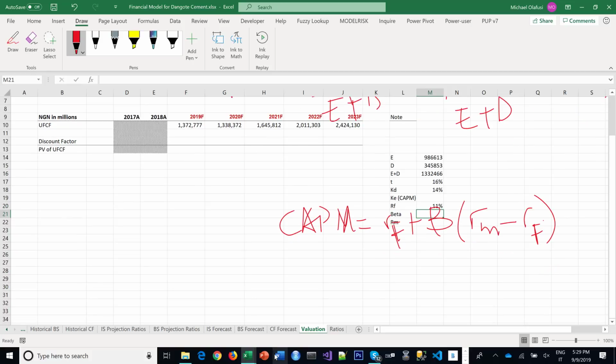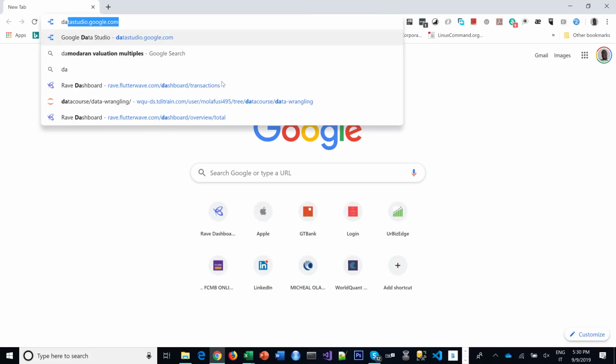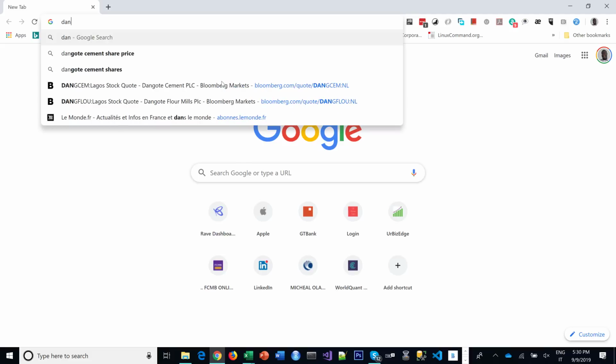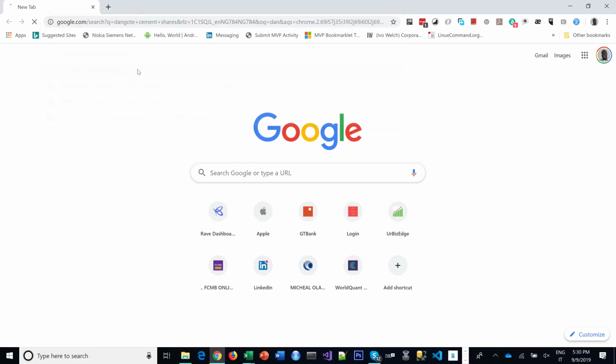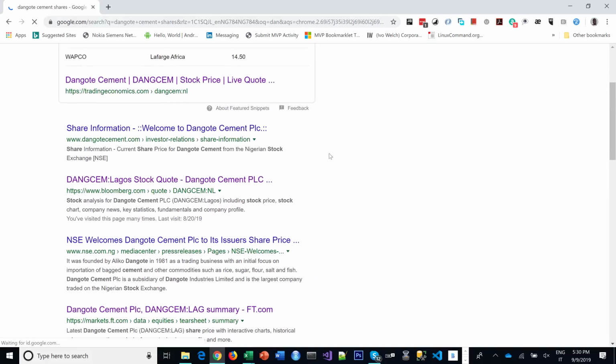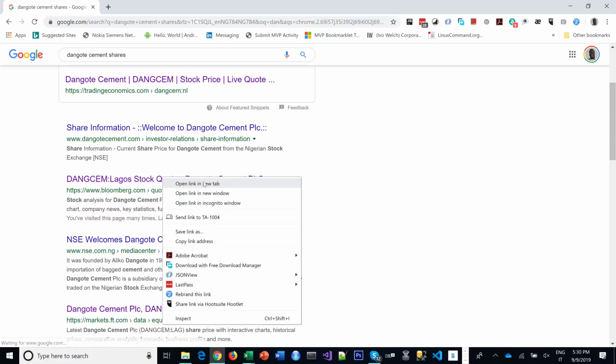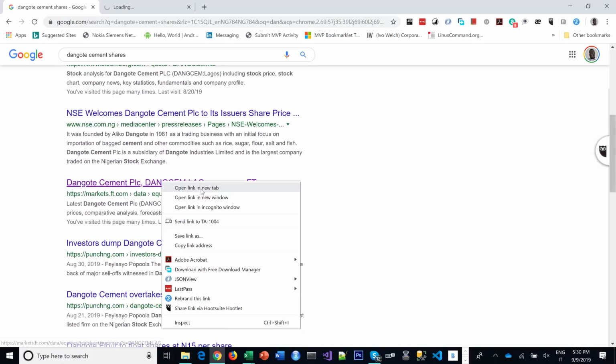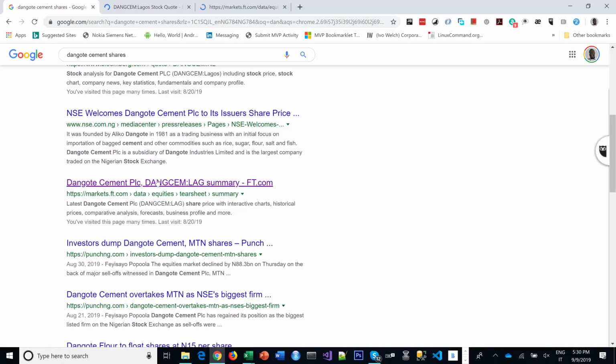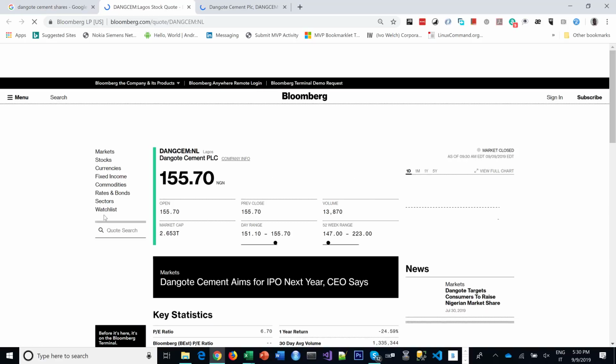Then the beta. For Dangote Cement and pretty much any company on the Nigerian Stock Exchange, it's easy to get the beta. Just go online and search Dangote Cement shares, and most of the analysis links that come up, maybe from Bloomberg or Financial Times, give you the beta as freely available information.